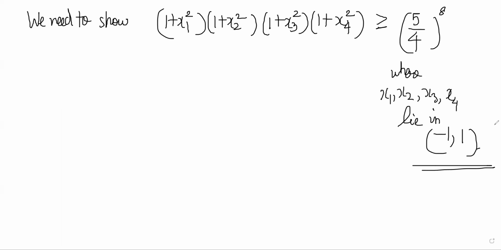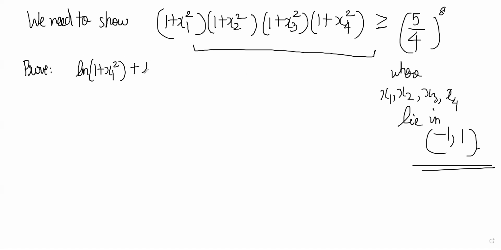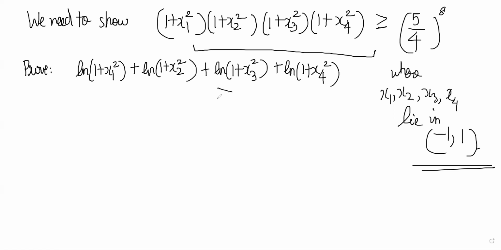Now, this is where we'll use some basic inequalities. So I will take log on both sides. I need to prove that ln(1 plus x1 square) plus ln(1 plus x2 square) plus ln(1 plus x3 square) plus ln(1 plus x4 square) is greater than or equal to 8 times ln(5 by 4).